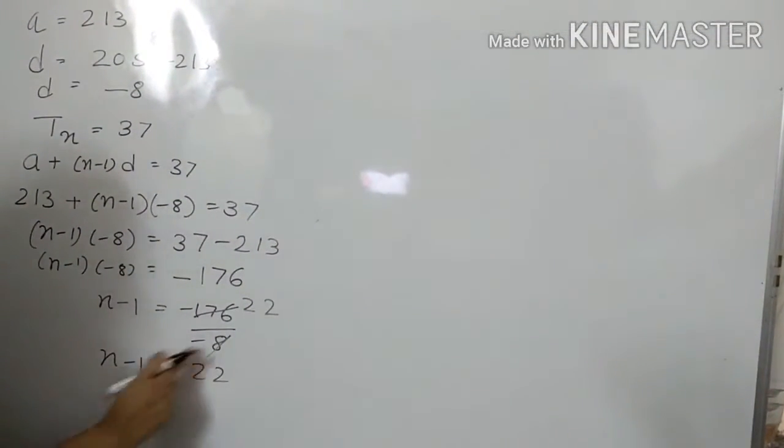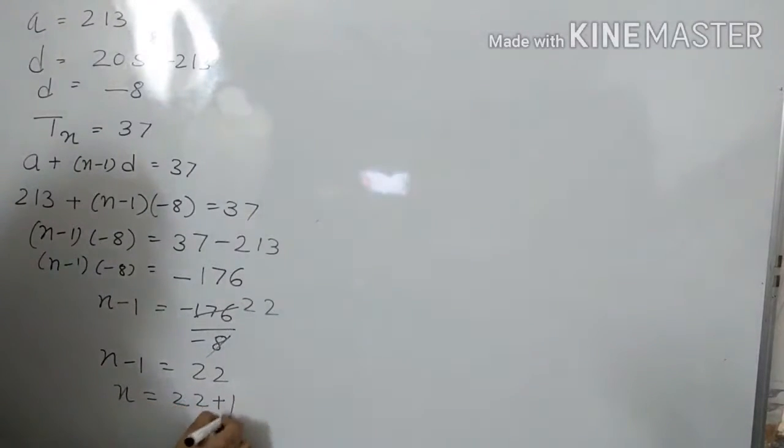You can see minus minus we get plus 22. And by cancellation, now n we want. So the minus 1 comes on the right side and becomes plus 1. So n value is 23. So how many total terms are there in this AP? 23 terms. And they asked to get the middle term.